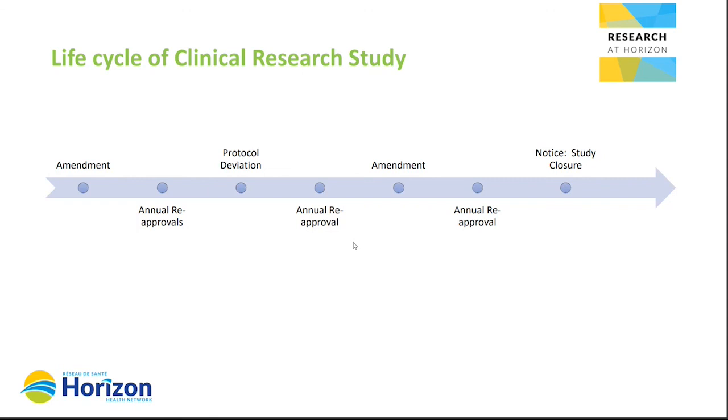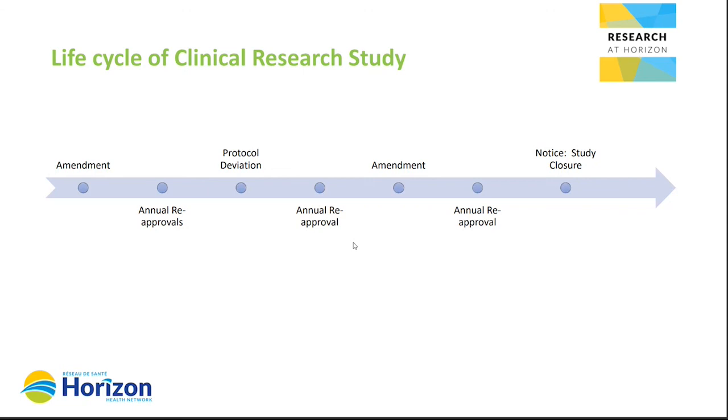So it's critical that you don't miss that approval deadline. The Romeo system will normally send out an email reminder, I think 3 months prior. You will get a notice from the Research Ethics Board stating that your study is about to expire by a certain date, so please submit your annual reapproval.